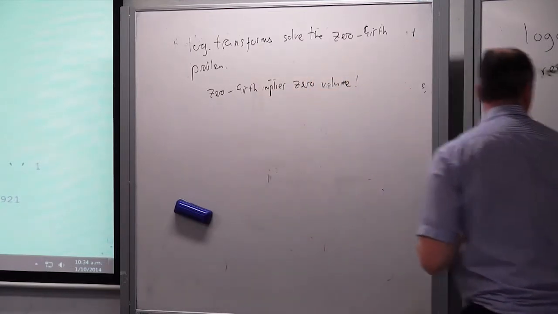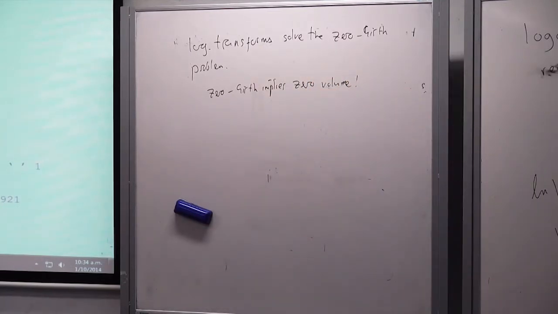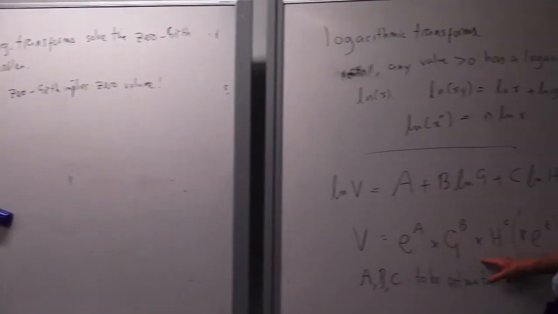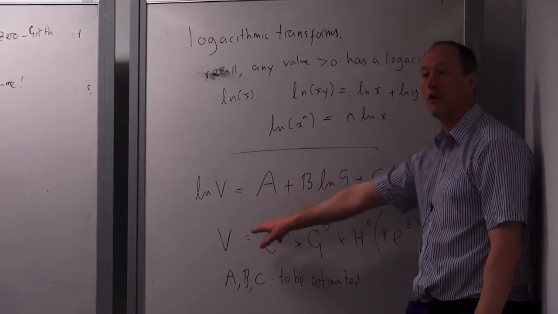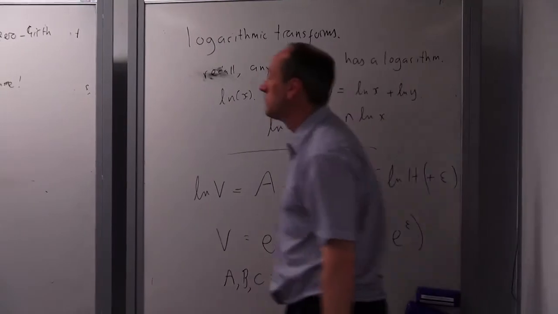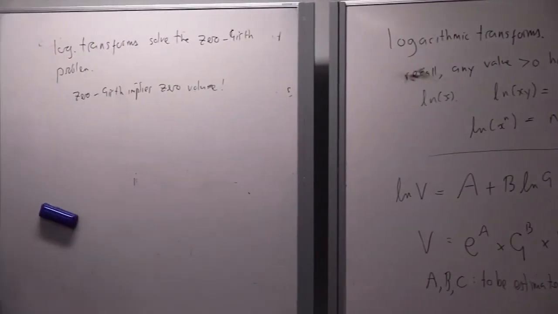Which is rather neat. And of course, 0 height gives 0 volume because it's a multiplicative model. And if I've got 0 height, I've got no volume, and that makes sense. Let's see what the data looks like if we try and plot it.